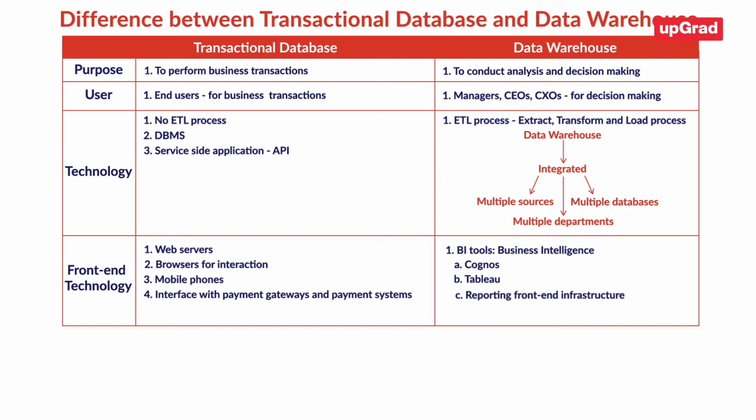The intention is to support analysis. So we have BI tools like the reporting tools which add value to the information stored in the data warehouse databases. I can do lots of analysis, I can do drill down, I can do roll up. Those kinds of operations can be done on a data warehouse database using the business intelligence front end.